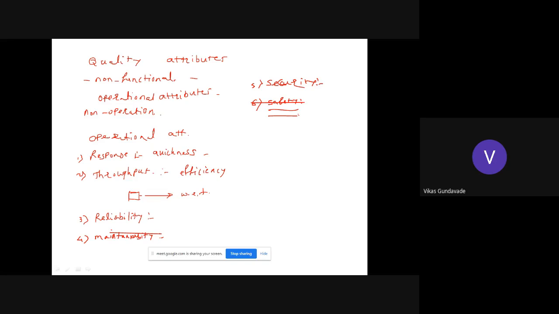So these are the quality attributes which are the operational ones. That means during the operation of that particular embedded system, or when it works in a certain field, these quality attributes are considered. Now there are some more quality attributes which are non-operational.